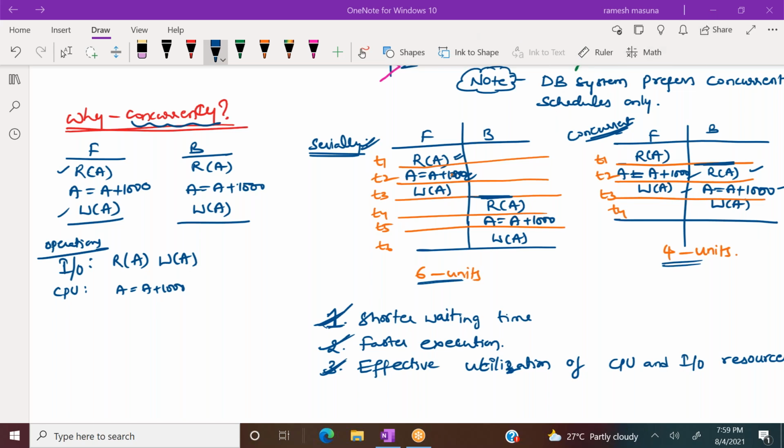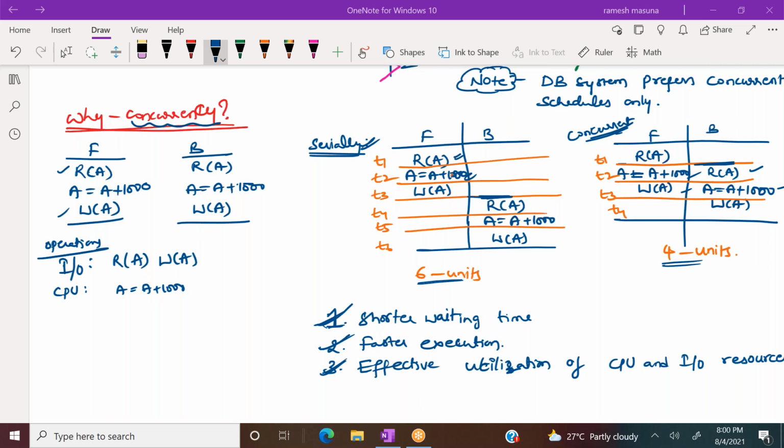No doubts, clear. Next, what we understood is that concurrent schedules are preferred by the database system because of the efficiency they offer. But you may ask me a question: sir, problems are there in concurrent schedules, so why are you preferring concurrent schedules only, not serial schedules?